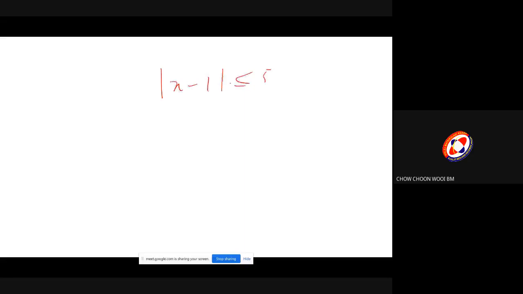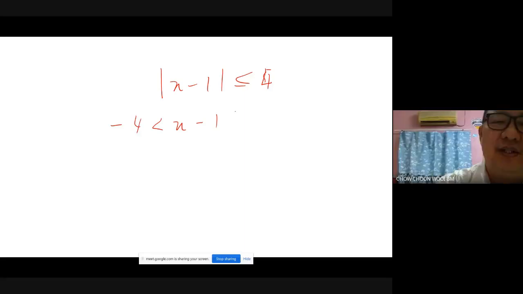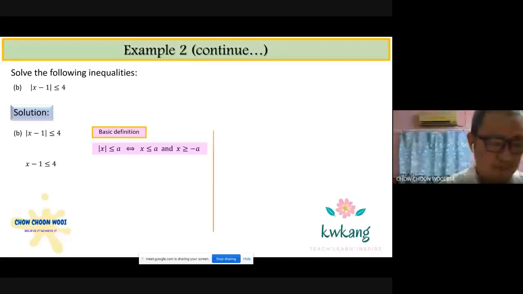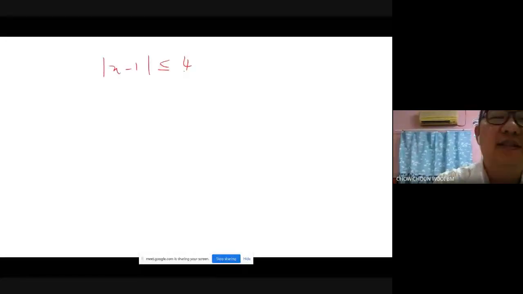So, kita tulis 4. X minus 1 is between minus 4 and 4. Betul kan ni saya ni? So modulus of x minus 1 is less than or equals to 4.